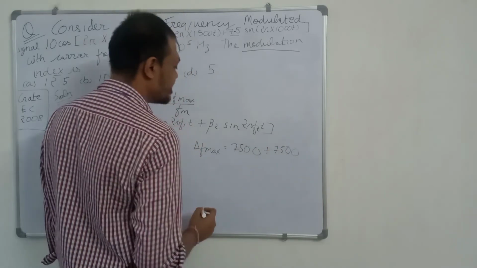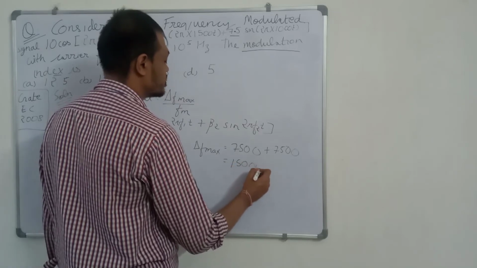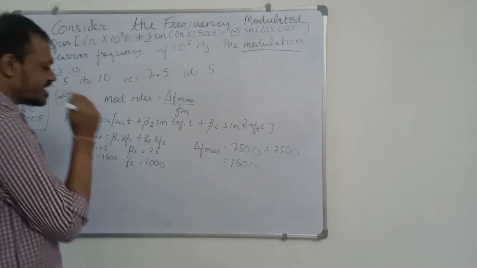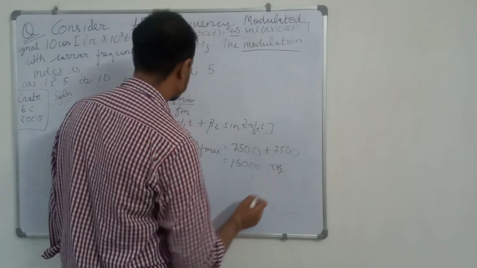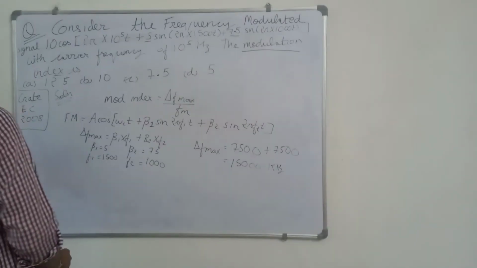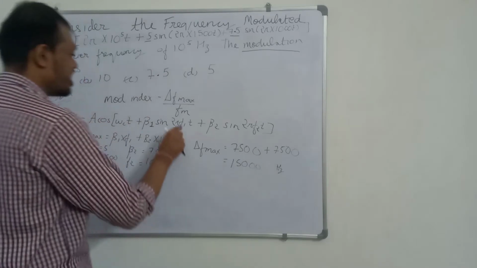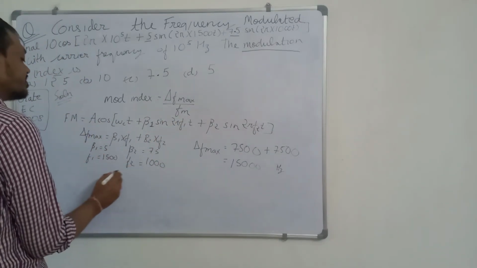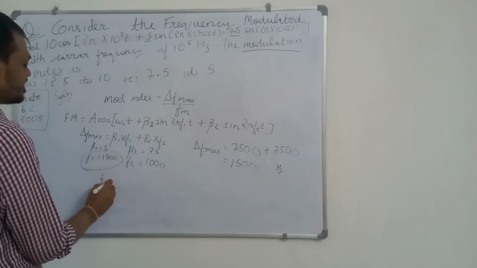So 7500 plus 7500 is 15,000. Sorry, 15,000 hertz. And fm, from here we can see f1 is 1500, f2 is 1000, so the maximum frequency, fm, is 1500.